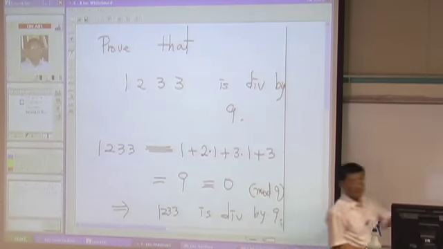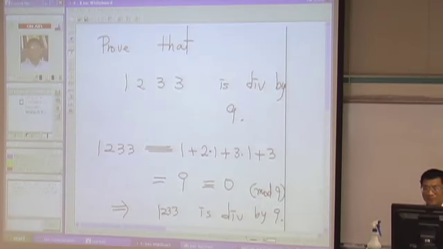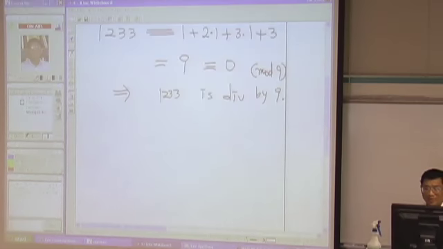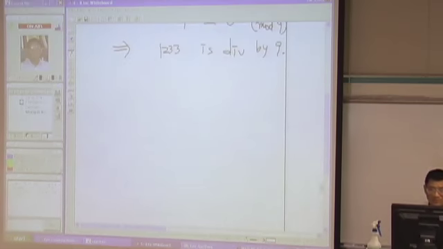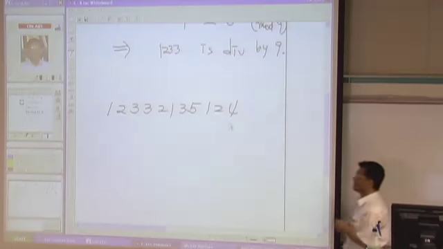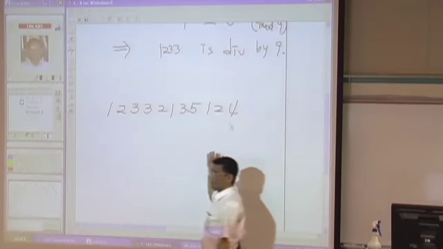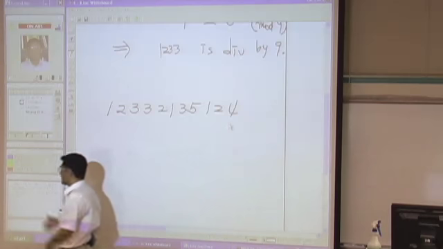In other words, to prove something is divisible, you do not really have to divide. Like, I can make up any problem, right? So prove that this is divisible by 9 or not, either way.